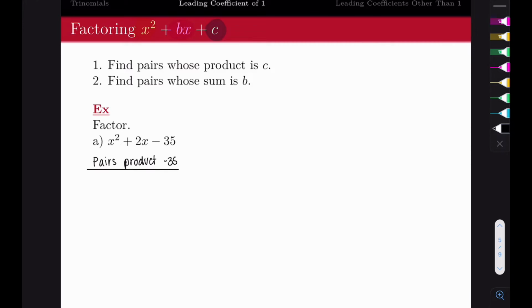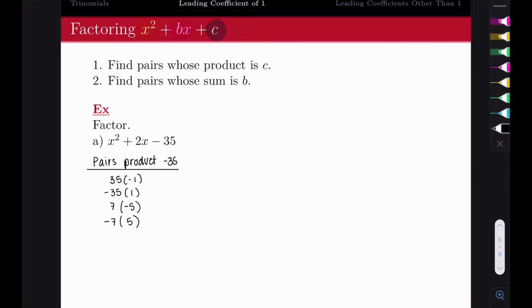So thankfully I don't have a ton of options. We can do 35 times negative 1, or we can change the signs, negative 35 times positive 1. The only other way we can multiply to 35 is 5 and 7. So I have the option to make one positive, one negative.